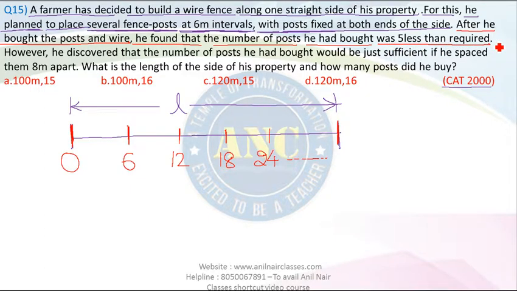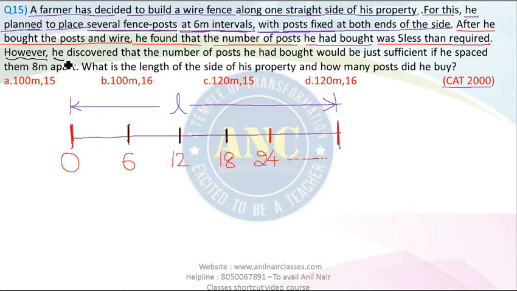That means he actually thought of purchasing some posts, but he realized that if he keeps them at every 6 meters intervals, he will have a shortage of 5 posts. Whatever he had bought, there was a shortage of 5 posts if he keeps them at an interval of 6 meters each. I hope you are understanding the question.